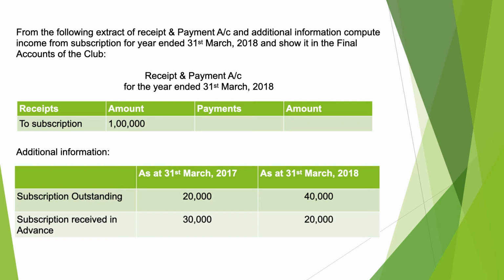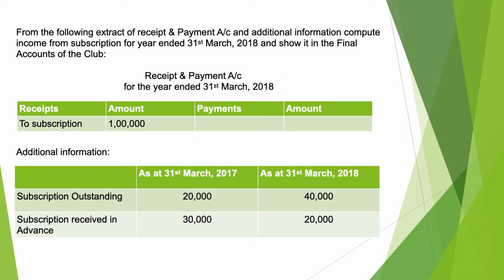In the receipt and payment account, the subscription received during the year is given as 1 lakh, whereas additional information about outstanding subscription and subscription received in advance is given for the previous year and current year. So we have to show how subscription will be recorded in the final accounts, that is the income and expenditure account and balance sheet.